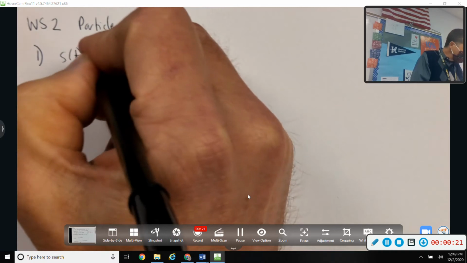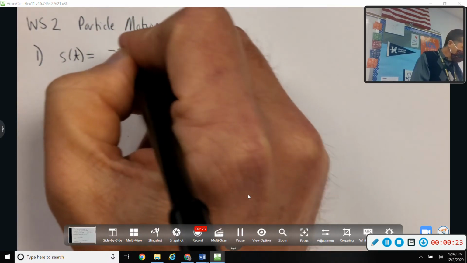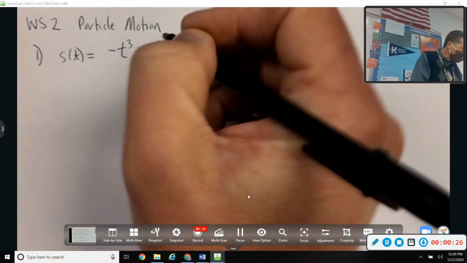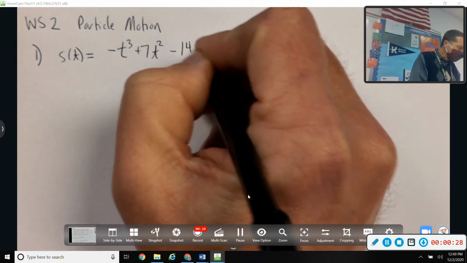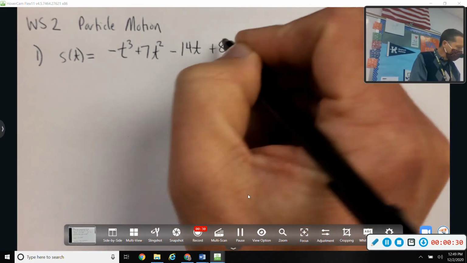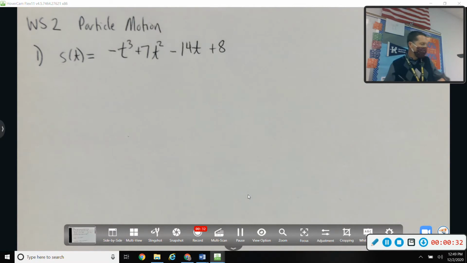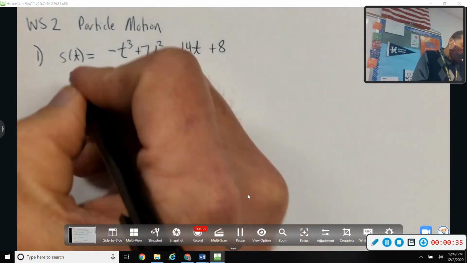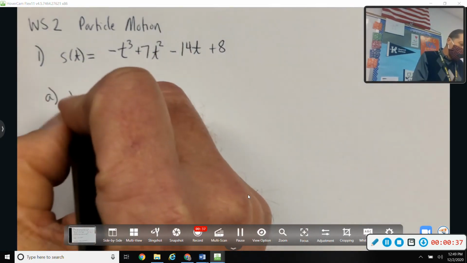So s of t is negative t cubed plus 7t squared minus 14t plus 8. Question A, find the instantaneous velocity when time is 2.